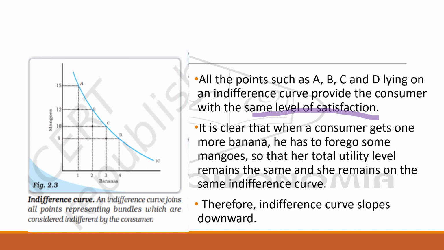Also you have to understand that when a consumer gets one more banana, he has to sacrifice some mangoes. Here at point A, he is consuming 15 mangoes and only 1 unit of banana.